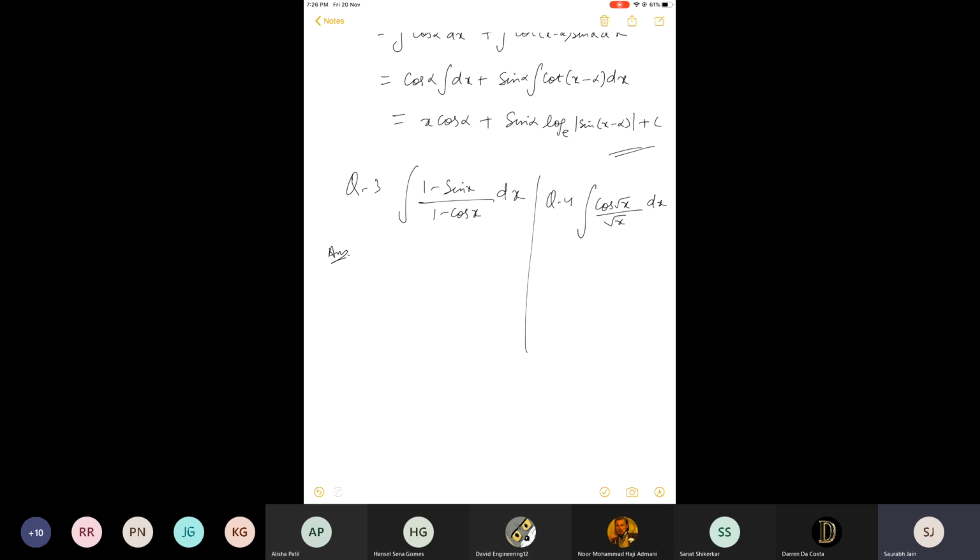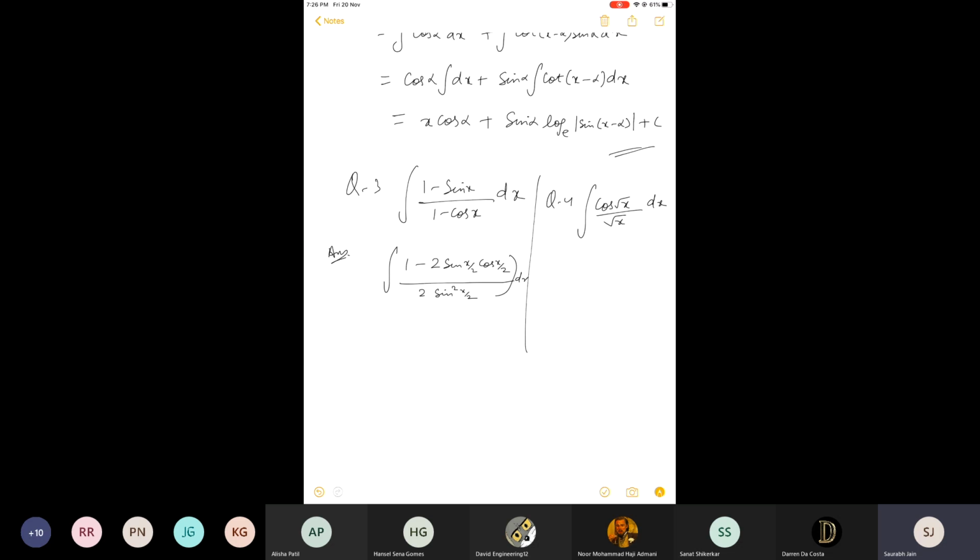When you learn them, only then will you identify them. Here in this question, first I will write sin x as 2 sin(x by 2) cos(x by 2) using the formula of sin 2a. And in the denominator, I will use the formula of 1 minus cos 2a, which is 2 sin square a.